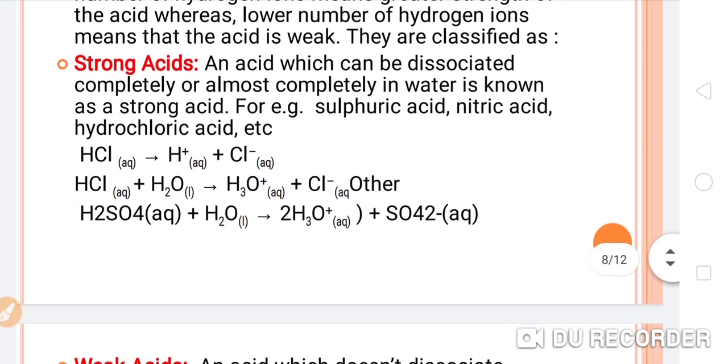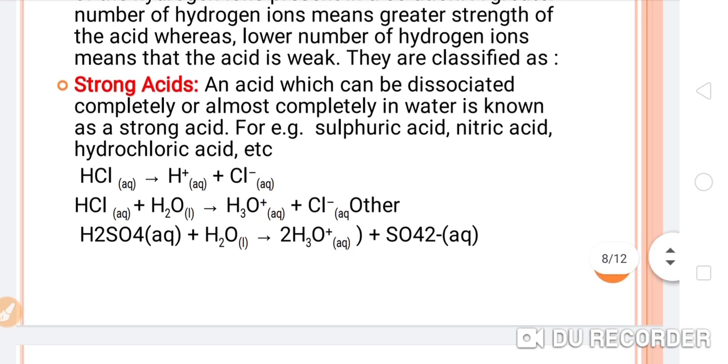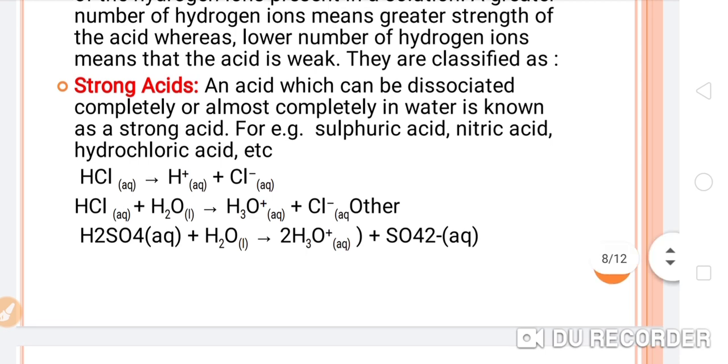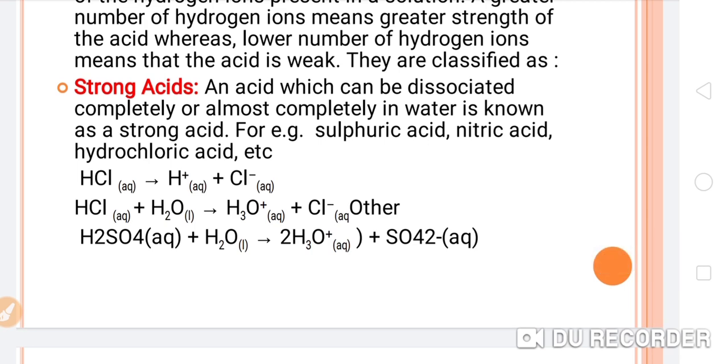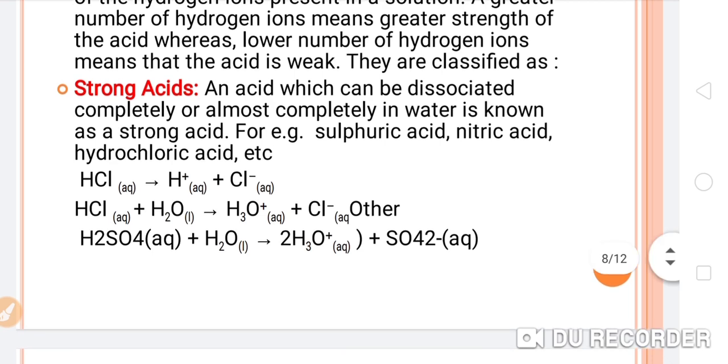This will happen only with the strong acids. You can also mention an important thing that in case of strong acids, you will get only and only ions. No molecules will exist in the aqueous solution of the acid in case of strong acids.